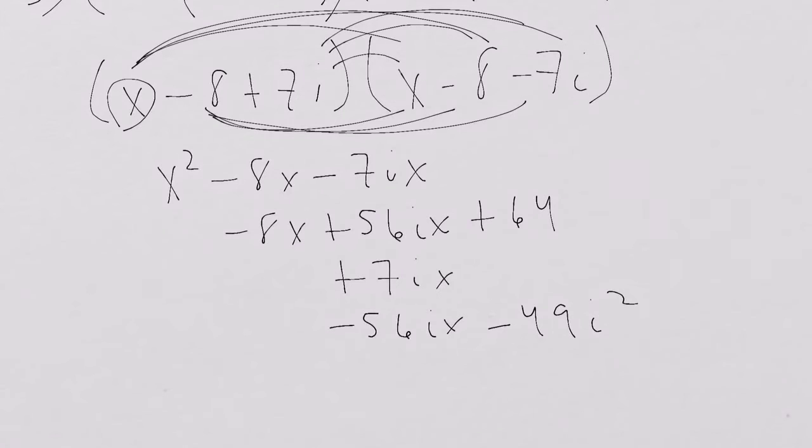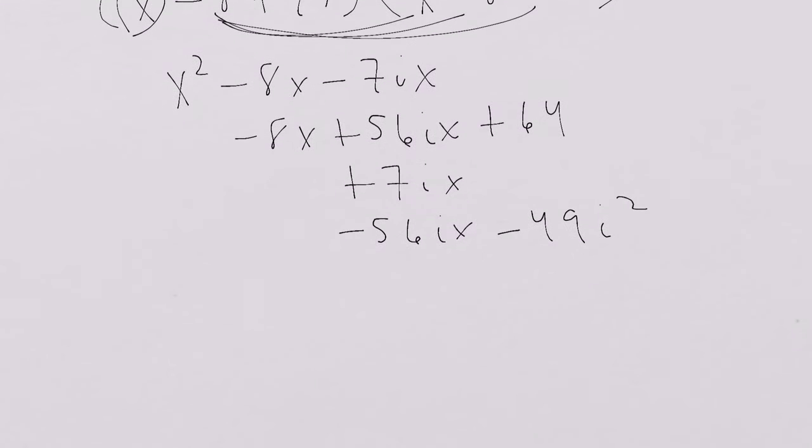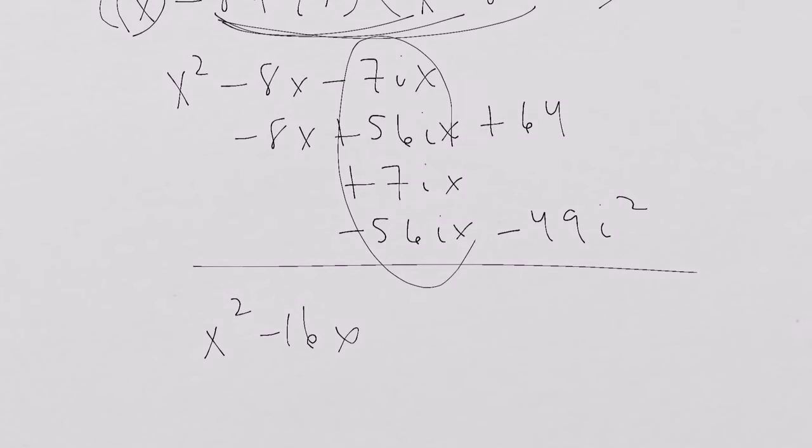So each term over here gets multiplied by each term over there. So when I do that, and I collect like terms, I do get an x squared, I get a minus 16x. We notice when we do this, that's the beauty of that conjugate pair. We always get those terms to cancel each other out. And then I have minus 49i squared.